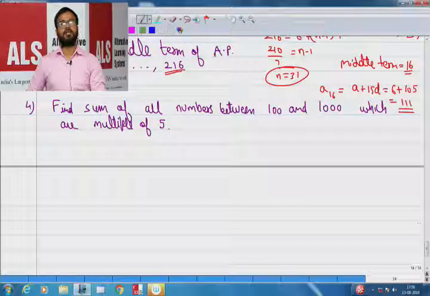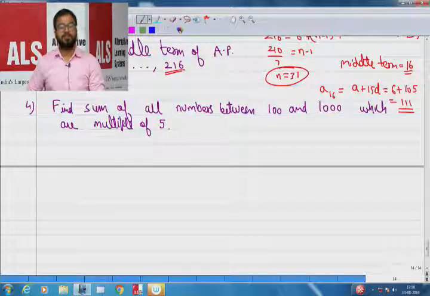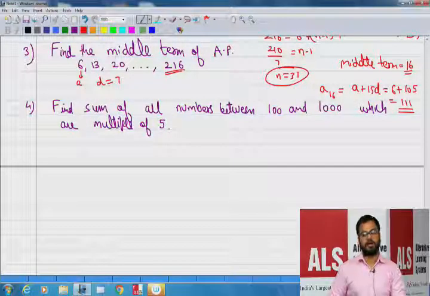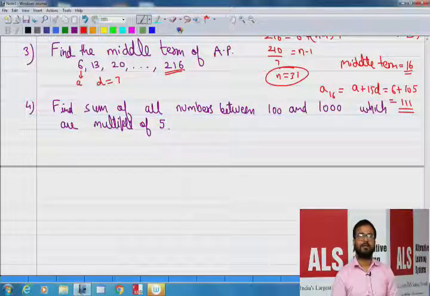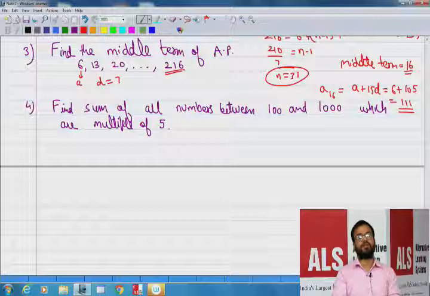Shillong, what is your answer for the sum of the terms which are multiples of 5 and lying between 100 and 1000? See, please revise everything which we have done so far. Kohima, what is your answer?